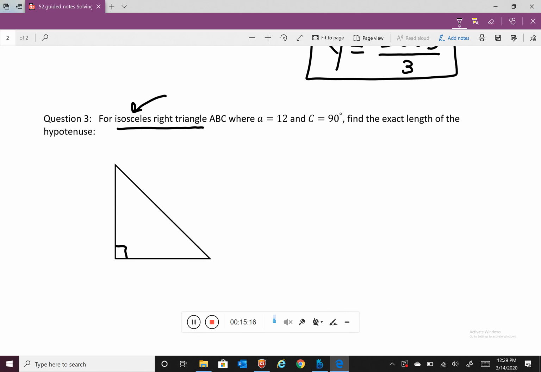So I'm going to label our right angle C. A and B, because this is isosceles, both have to be 45 degrees. And you are told that side A is 12, and you are asked to find the exact value of the hypotenuse.